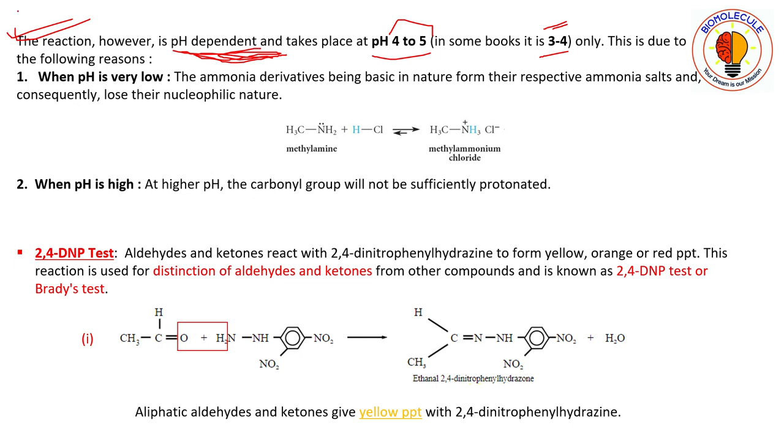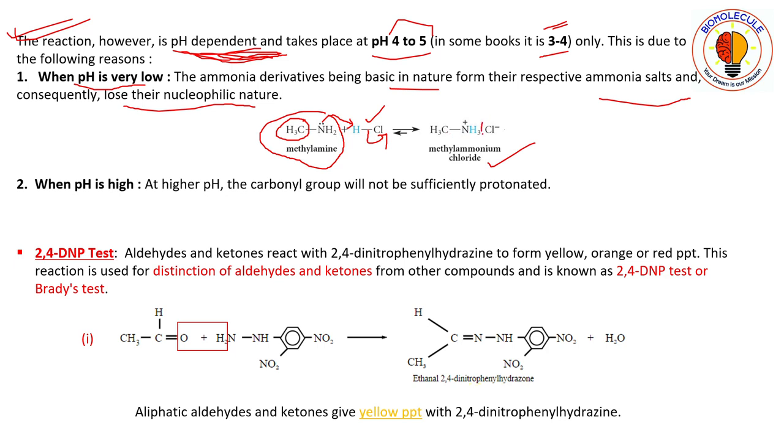So when pH is very low, that is a highly acidic medium, the ammonia derivatives, being basic in nature, form their respective ammonium salts and consequently lose their nucleophilic nature. This one is an ammonia derivative. Here we have replaced hydrogen with a methyl group, so it is methylamine. In strong acidic medium, this nitrogen has a lone pair of electrons, so it will coordinate with a proton, and the chloride leaves as chloride ion. What we get is methyl ammonium chloride, an ammonium salt.